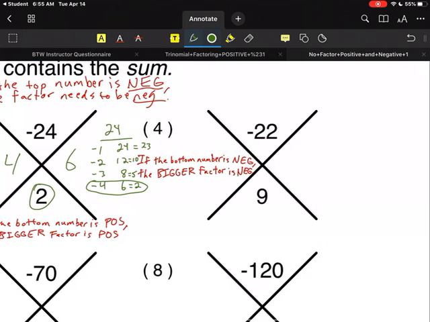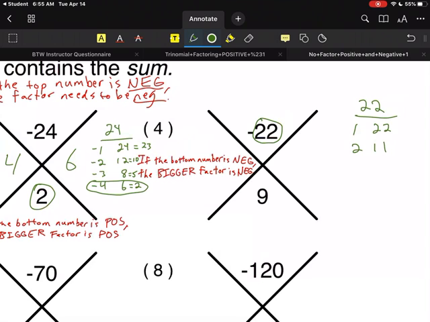Same thing as number 3. The top number is negative, so one of our factors needs to be negative, and the bottom number is positive, so the bigger number has to be positive. So I still look at 22 and make my factor tree: 1 and 22, 2 and 11, and that's it.